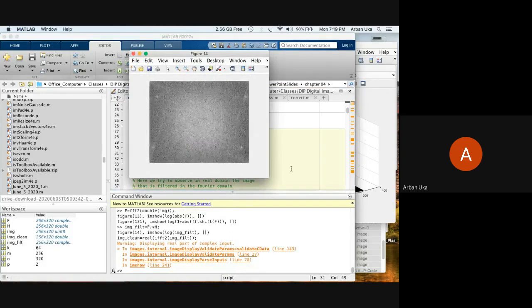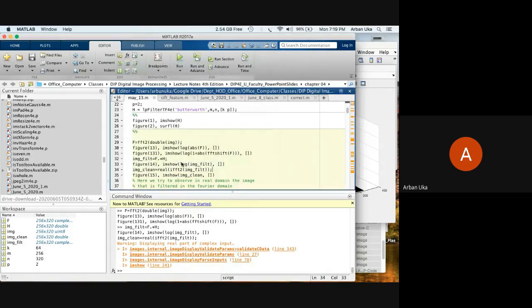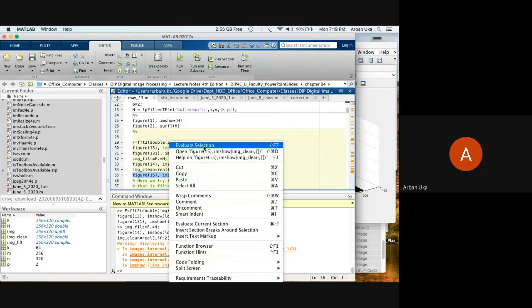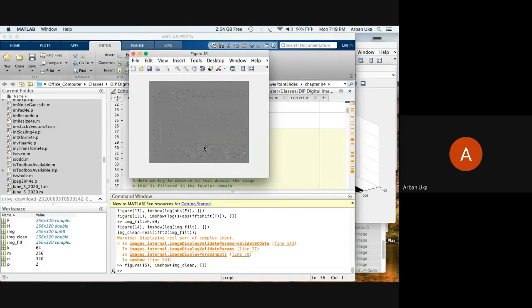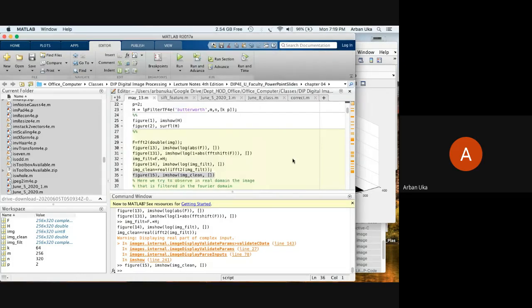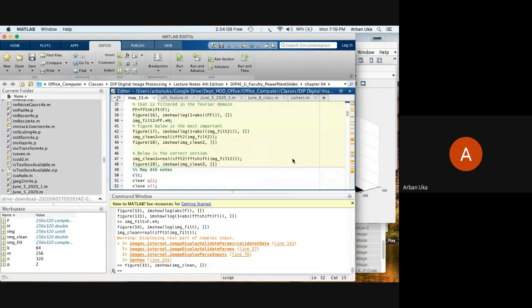Figure 14 is the filtered image. Figure 15, okay, so we have wiped out too much information, and this is just the very weak contours of the original image.